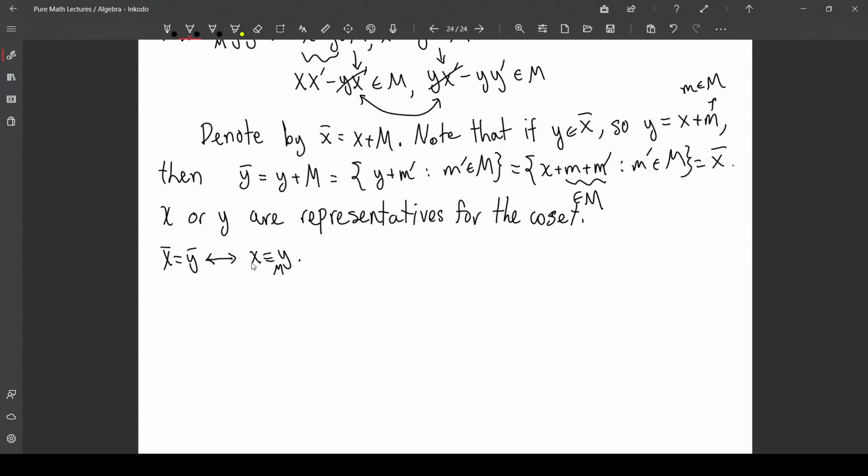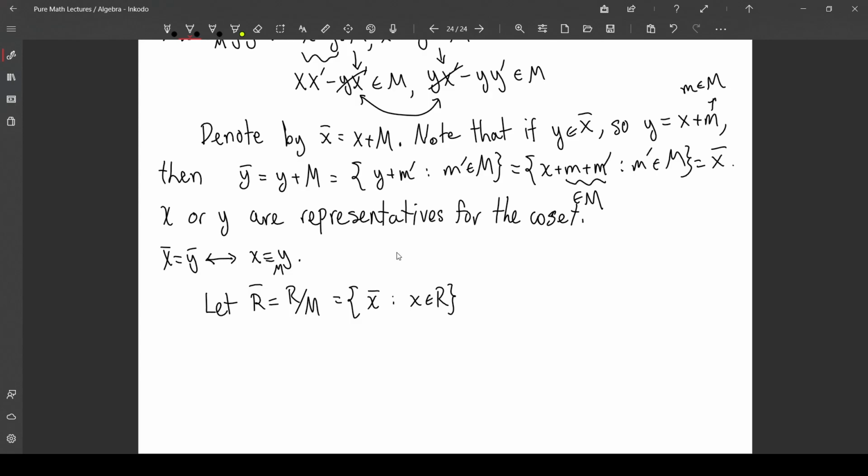Okay. So now we're going to let R bar be the factor space R mod m, which consists of the cosets x bar, where x ranges over elements of R. And obviously, for each coset we're not going to have a necessarily unique representative, right?